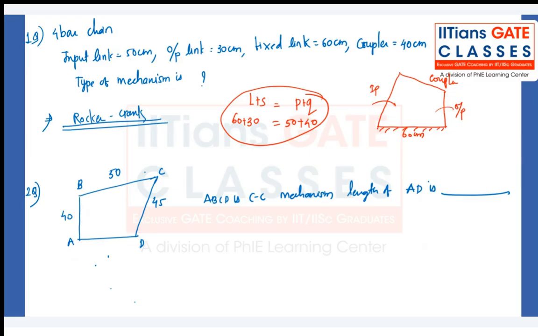Next question. They are saying ABCD is a crank mechanism. Options are like equal to 35, greater than 35, less than or equal to 35, and greater than 40. So yes, 45 is correct ballpark, Srikant.